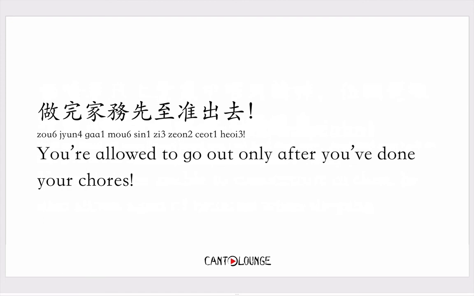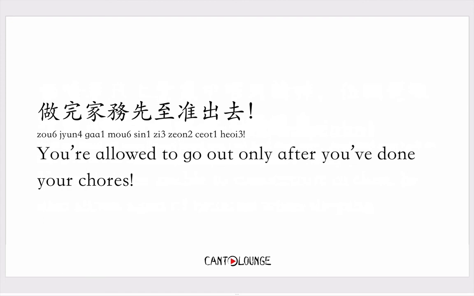So if you add 'until' in there, it doesn't actually make a lot of sense. Finish chores until you're allowed to go out. What I usually like to do when teaching students is I usually like to translate it this way.